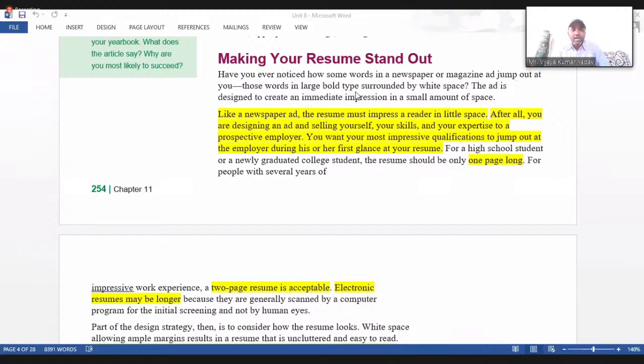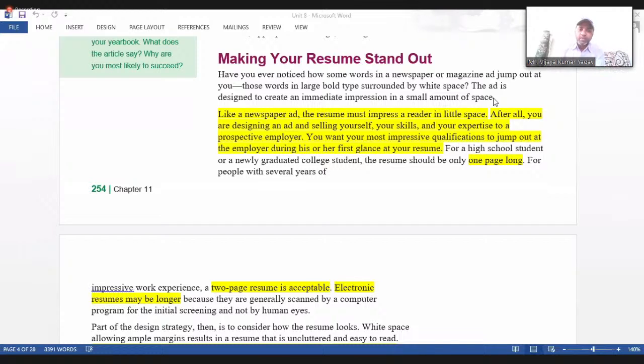Those words in large bold type, surrounded by white space. The ad is designed to create an immediate impression in a small amount of space. When you see any newspaper, there are some words in bold type. If the words in bold type can attract your attention, then you want to buy that newspaper. It means you are impressed and you buy the newspaper.